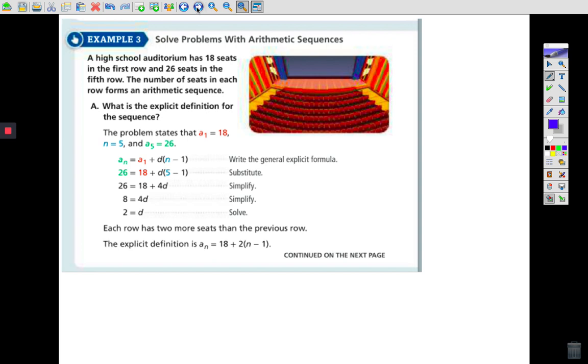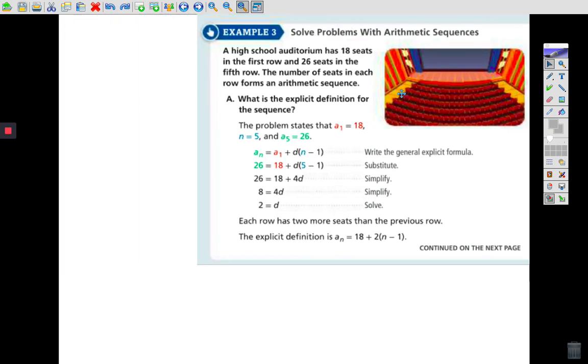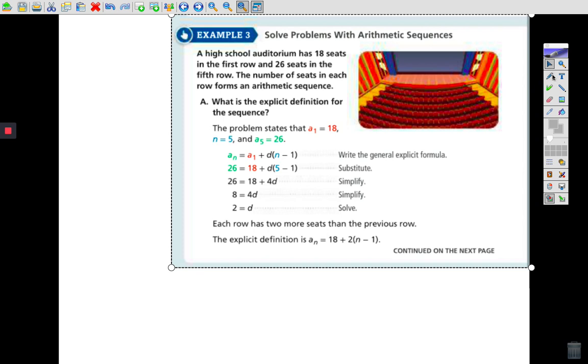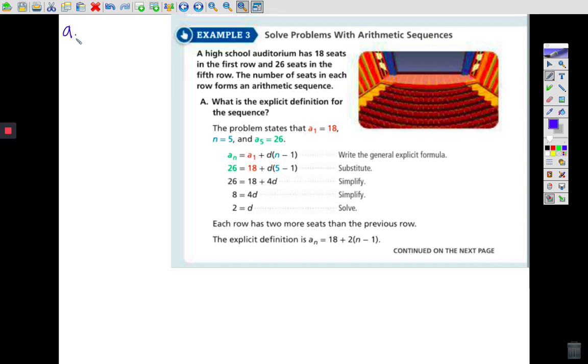The problem states that a sub 1 is 18, because it says in the first row we've got 18 seats in our auditorium. And 26 seats in the fifth row, so a sub 5 should be 26.